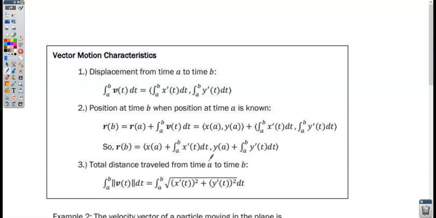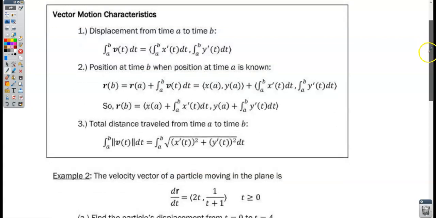Same thing for vector motion. In order to find the total distance traveled, we're going to integrate the speed. And the speed for a vector-valued function is the magnitude of the velocity function. So we're taking that formula that we just used on the previous page to calculate the speed, and we're integrating it from one end of the region to the other.